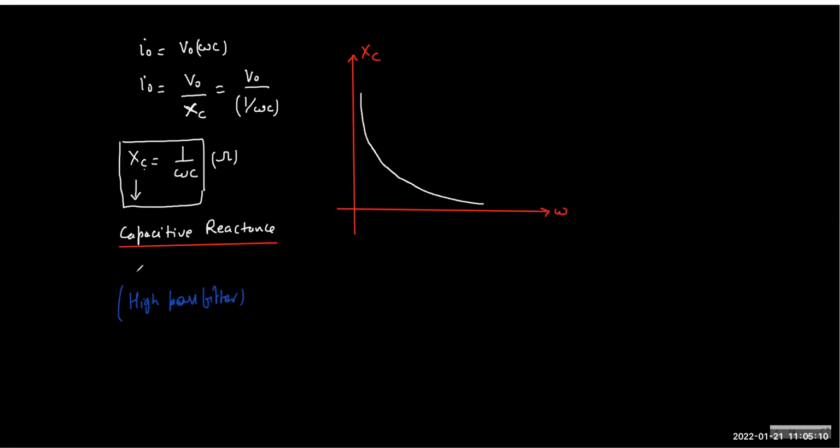So let's say our frequency is 20 hertz to 20,000 hertz, which is very small compared to the frequency spectrum of light. The frequency of light is in trillions and trillions and trillions. You cannot imagine how large the frequency is.